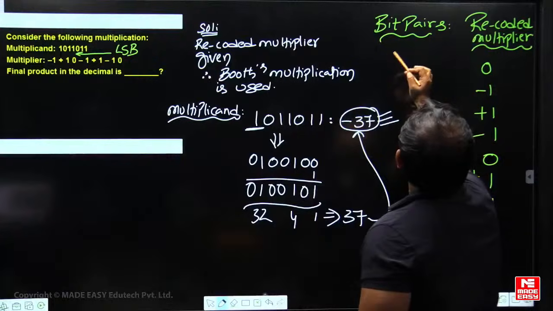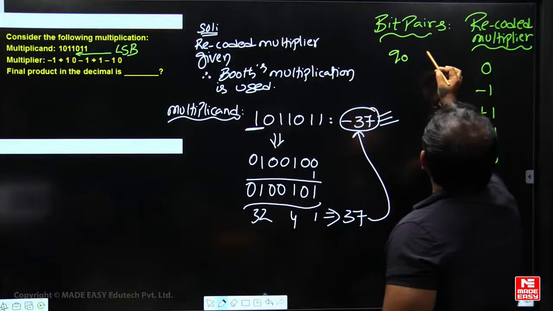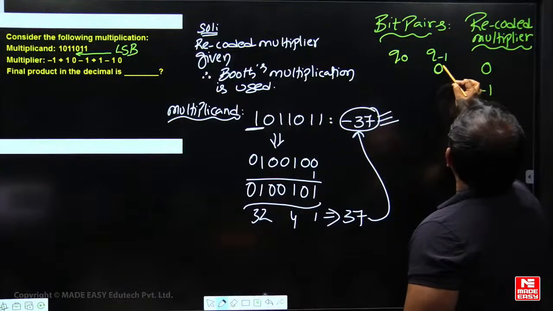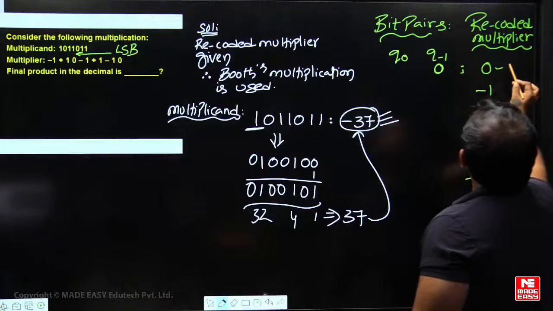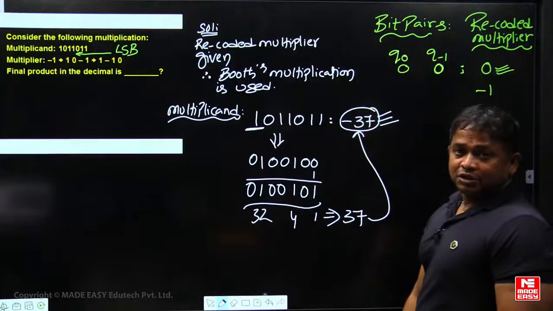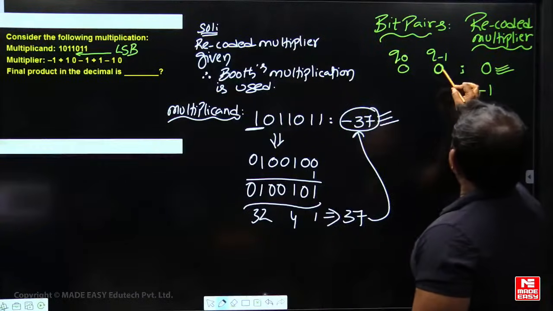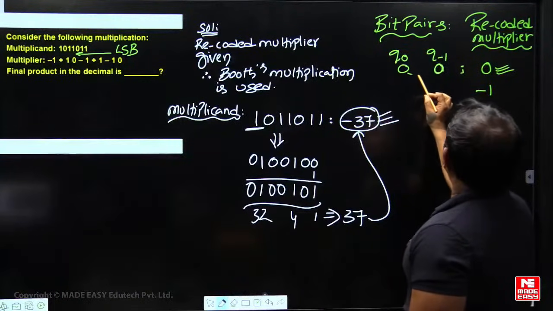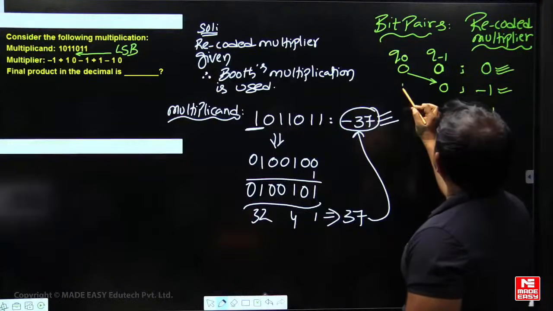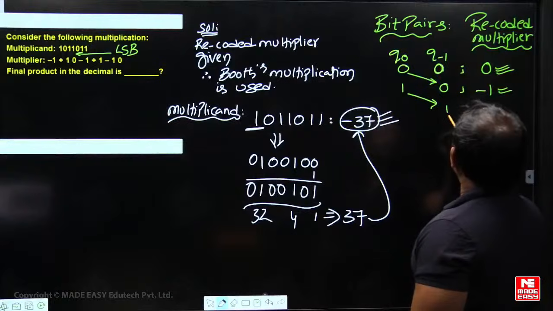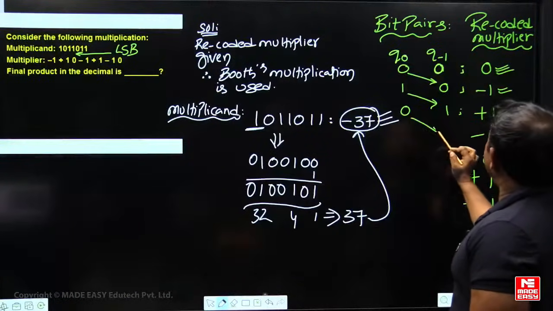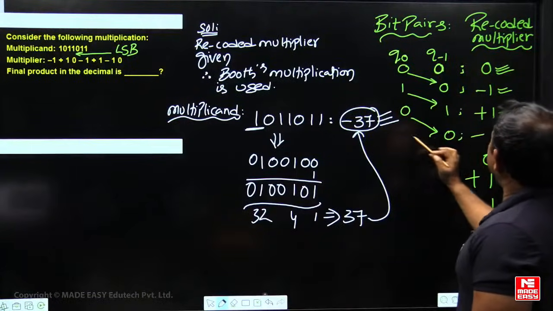Now the pair, first pair, Q naught, Q subscript minus 1, by default assumed as 0. Now, when the recoded multiplier digit is 0, the bit pair should be either 0 0 or 1 1. So if one bit is already 0, then the other bit should be 0. Now take this bit diagonally here. Then this is minus 1, minus 1 is 1 0. The 1 is taken diagonally here. This is plus 1, pair is 0 1. 0 diagonally here. This is minus 1, so pair is 1 0.